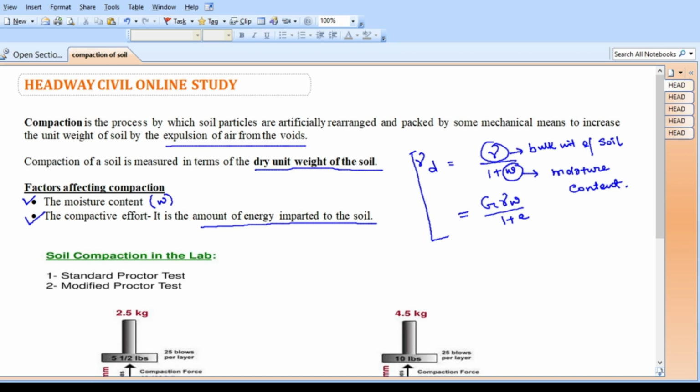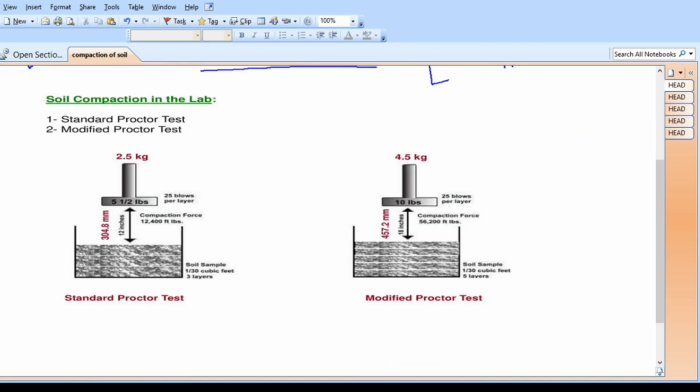Next, let us look at the lab methods that we follow for compaction. The first is the standard Proctor test, and the second is the modified Proctor test. Both the Proctor tests are done in order to find out the dry density of the soil.